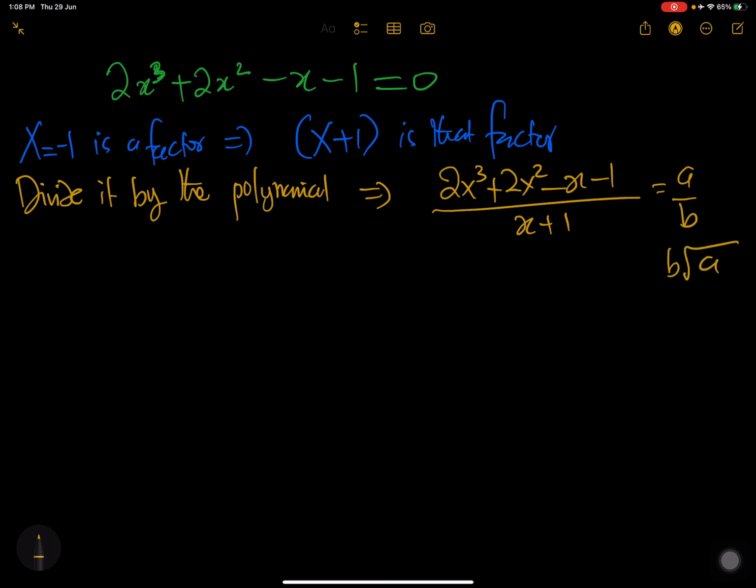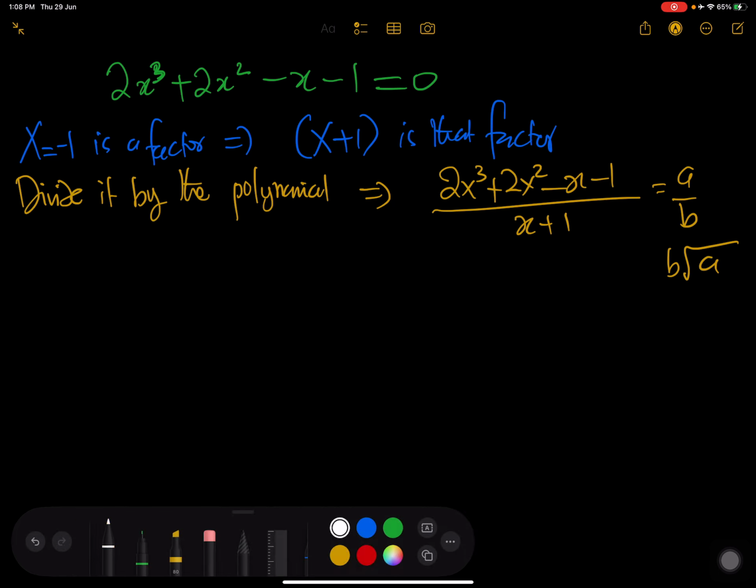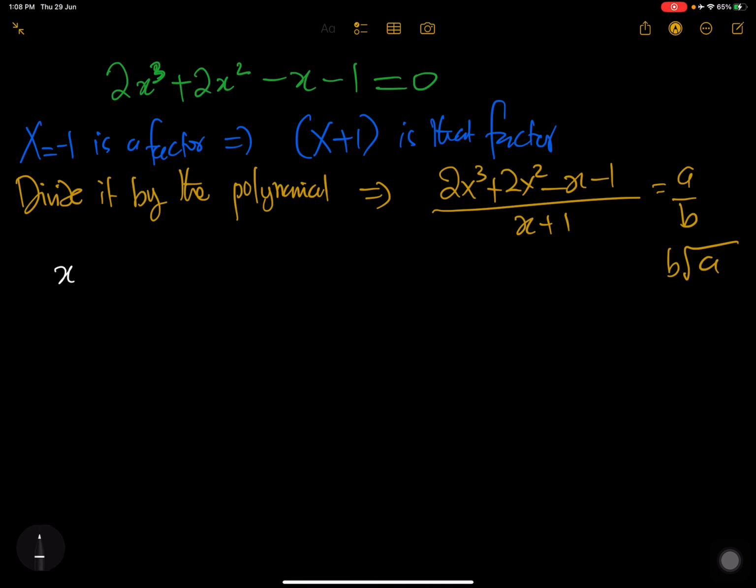Remember. So we're going to do the same thing here. Don't throw your fractions away. Now fractions are coming back to kind of haunt us. So these are the tricks that make this topic easy. Math equations are actually easy. So we bring the x plus 1 outside, and then inside will be 2x cubed plus 2x squared minus x minus 1, like that.